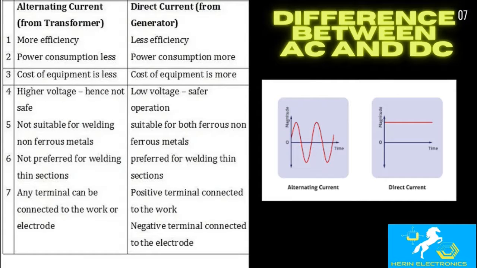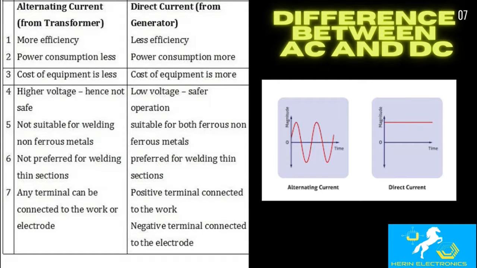To know the difference between AC current and DC current, we say that AC is more efficient compared to DC current. Power consumption is less in AC current, whereas power consumption is more in DC current. The cost of equipment is less in AC, whereas the cost of equipment is more in DC. AC current operates at higher voltage, hence it is not safe for usage, whereas DC current has low voltage, making it safer for operation.